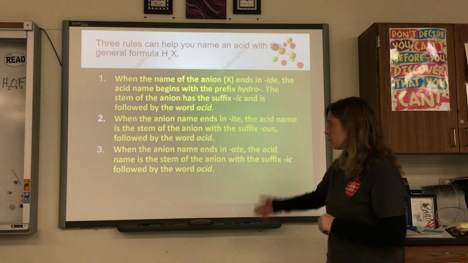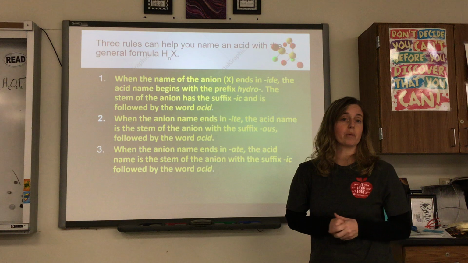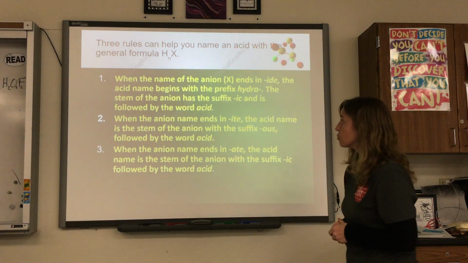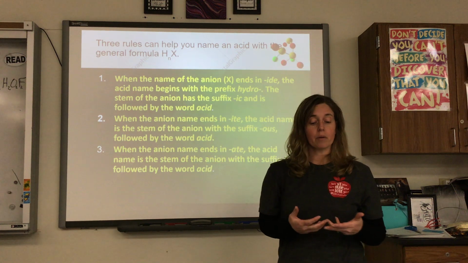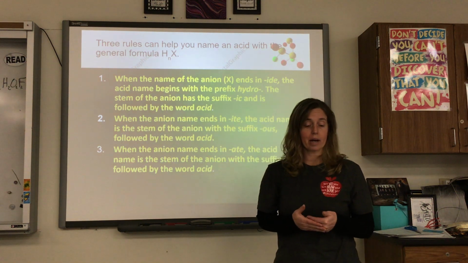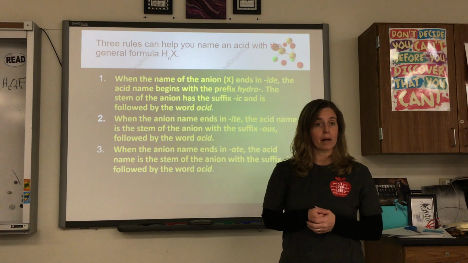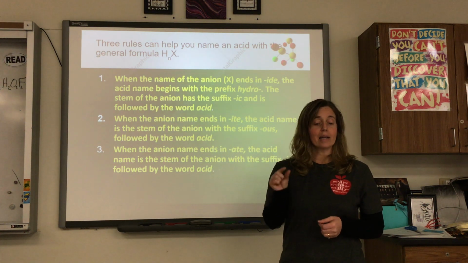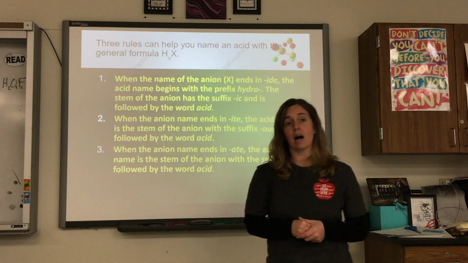Now, you'll want to go ahead and copy down these rules. There's 3 rules when naming acids. The first rule is when the name of the anion ends in "ide". Remember, the anion is the second element listed in the compound. So when it ends in IDE, the acid name begins with the prefix hydro.